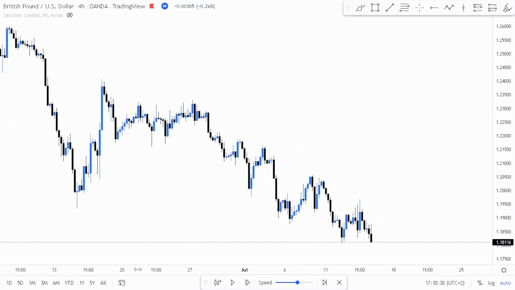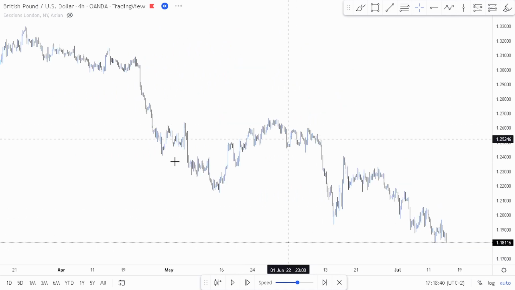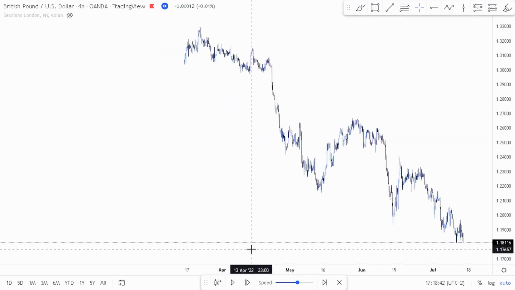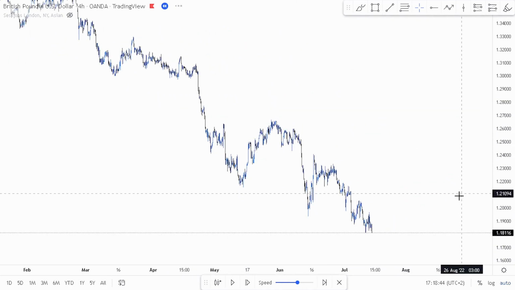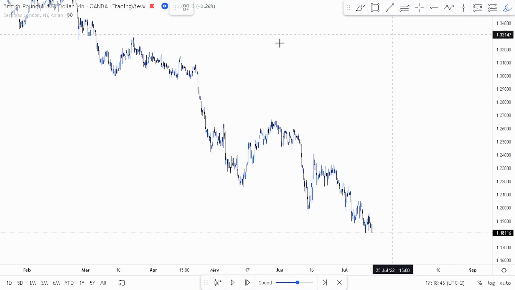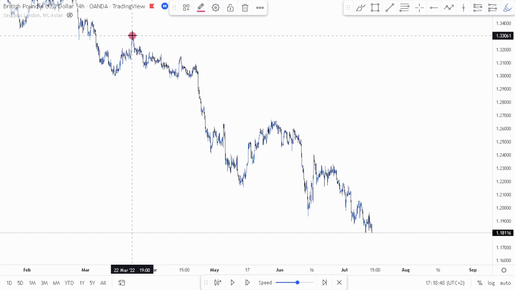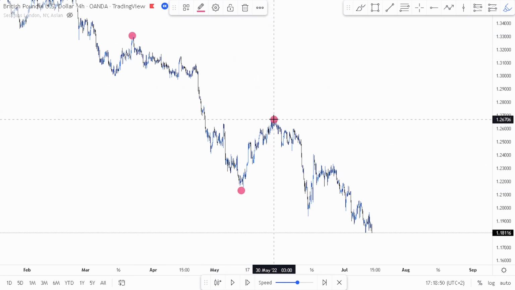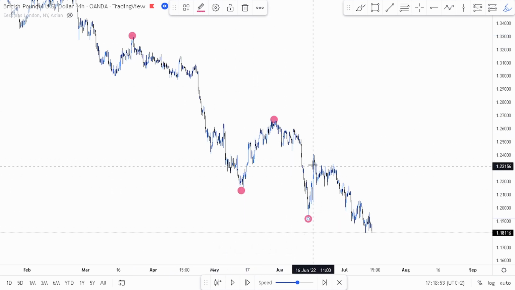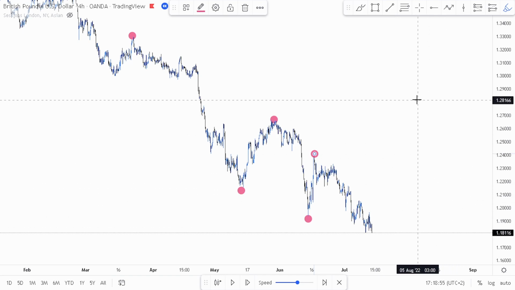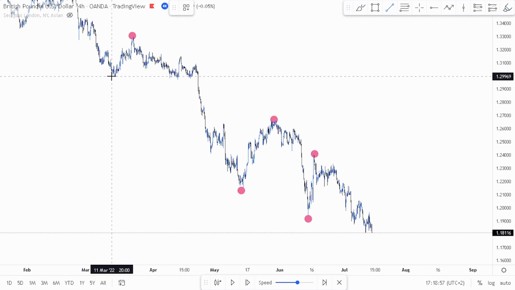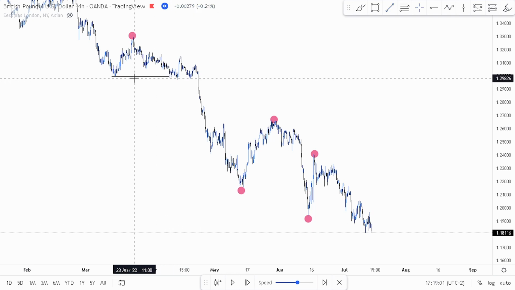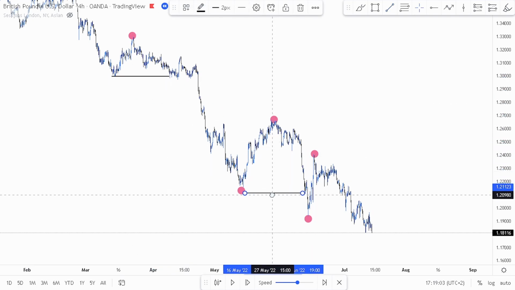So yeah, guys, as you can see, this is a pound dollar pair, and right now we are heavily bearish. As you can see, price keeps on breaking our previous lows to create lower lows. So basically that is what's happening on the daily time frame of the pound dollar pair.